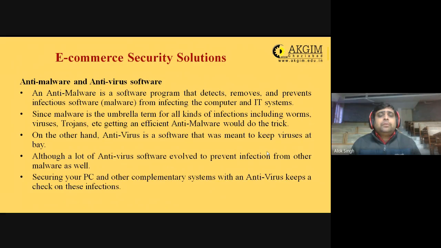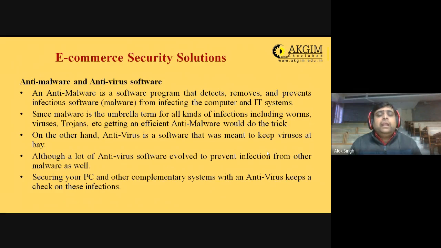This type of antivirus and anti-malware software prevents your system from such attacks. Since malware is an umbrella term for all kinds of infections, including worms, viruses, Trojan horses, or spyware, an efficient anti-malware would do the trick.